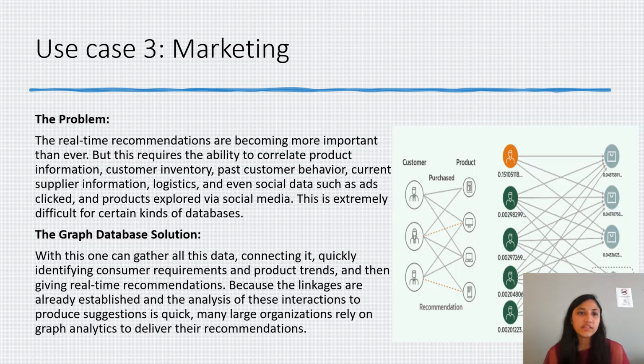This is extremely difficult for certain kinds of databases, but we do have a solution from the graph database. With it, one can gather all the data, connect it, quickly identify the customer requirements and the product trends, and then give them real-time recommendations, because the linkages are already established and the analysis of this interaction to produce suggestions is quick.